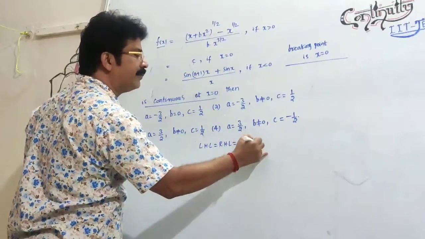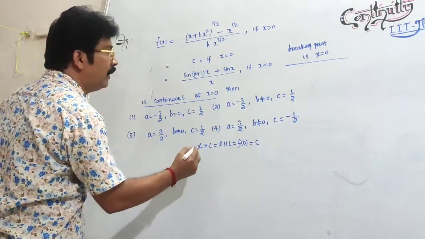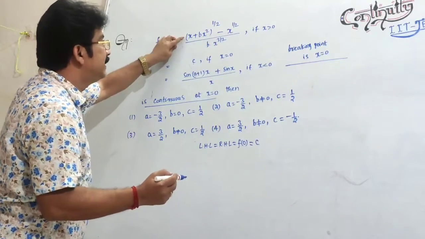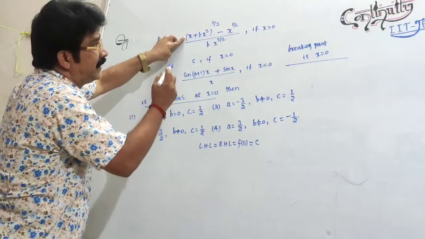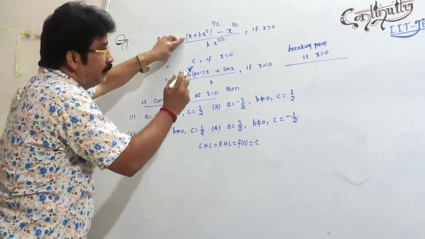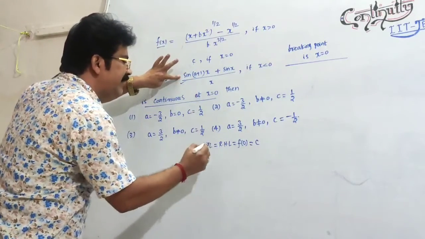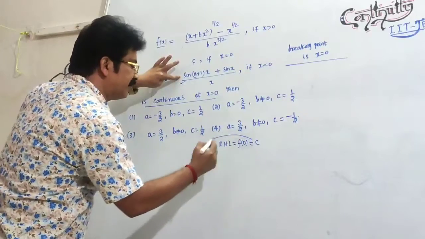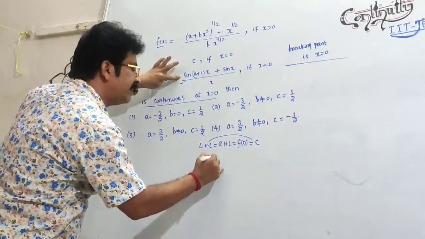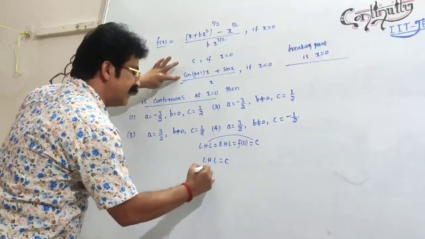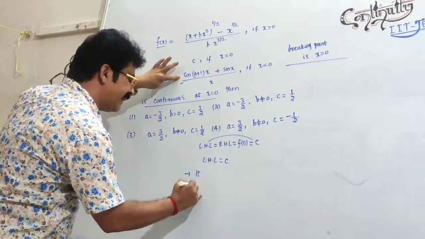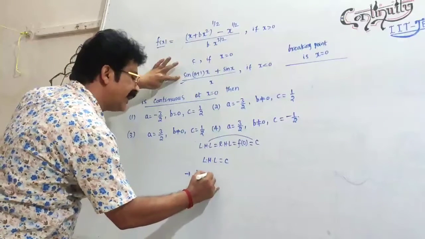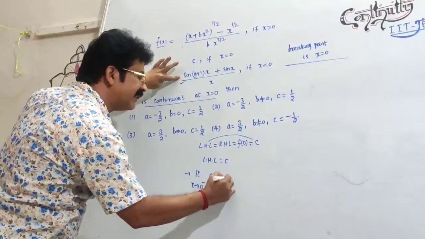F of 0 is C. So therefore, now the easy one. This is tough to find, RHS or RHL. So I am selecting this. I am telling that these two are same. So therefore, left hand limit equal to C. What is left hand limit? Limit x tends to 0 minus f of x, that is equal to C.